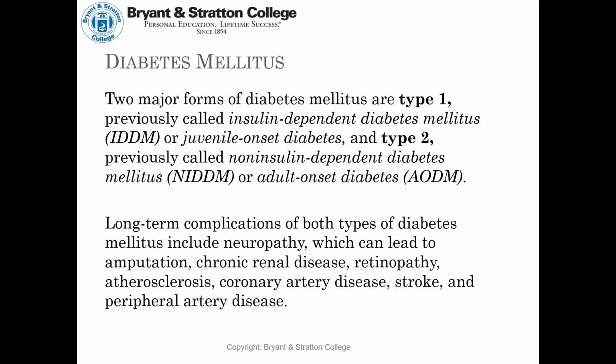Now, type 2 is what we typically see as diabetes on TV. It sometimes can be called non-insulin dependent. It's really more related to lifestyle, poor exercise, poor diet, excess caloric intake, and then we end up getting insulin resistance within the body, where the body requires a lot more insulin to be secreted.